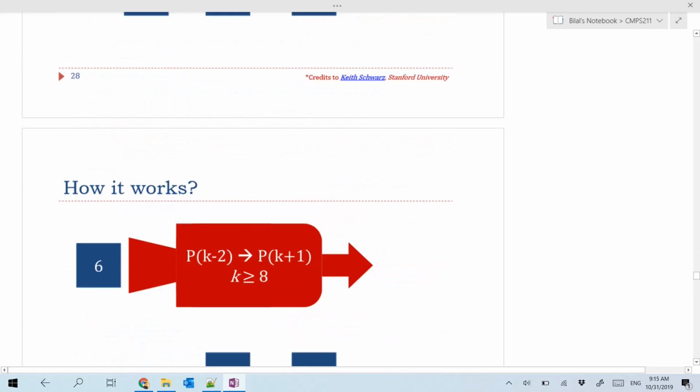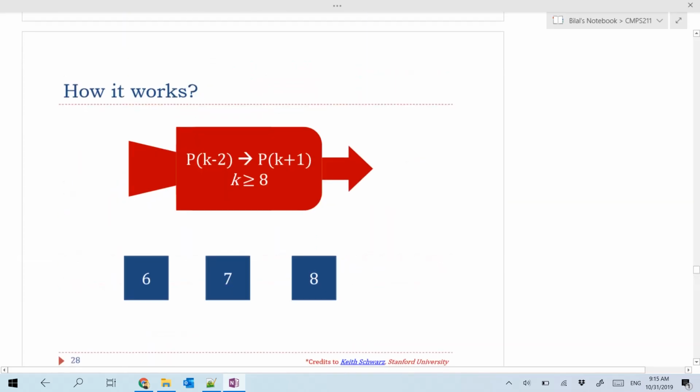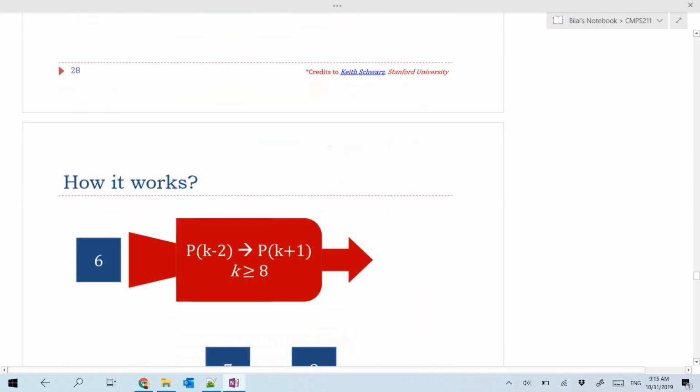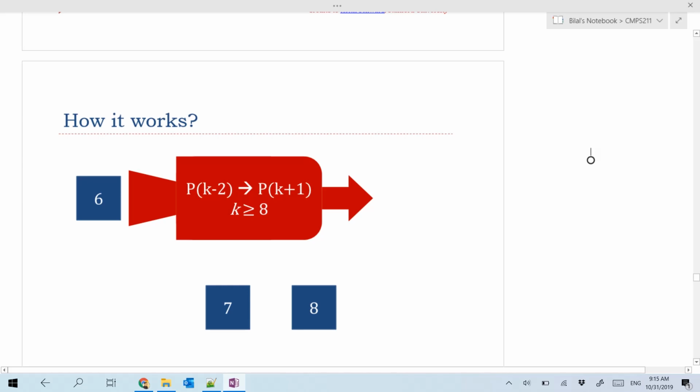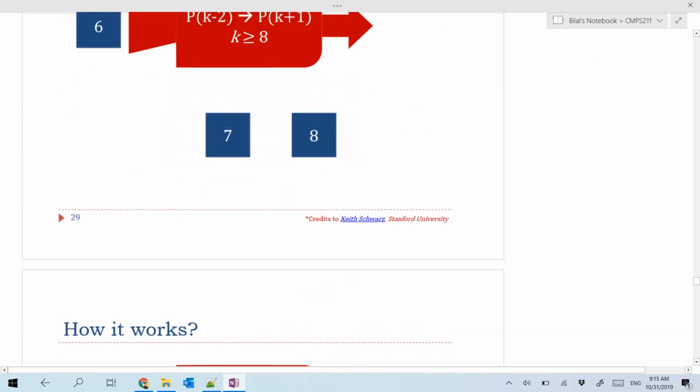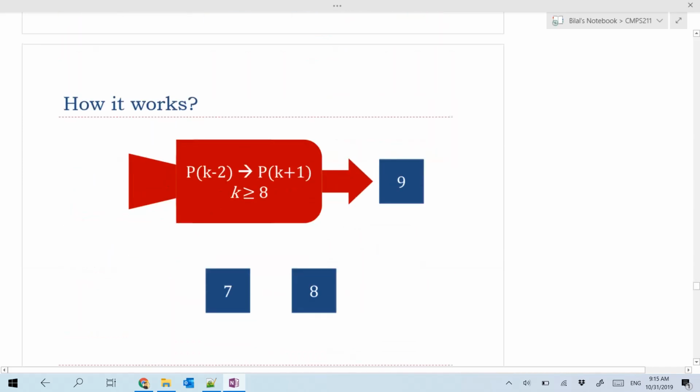So if you have these 3 base cases, 6, 7, or 8, if you consider the 6 squares division, given your assumption, you can get 9 squares. And then you can reuse it as a new rung on your ladder to climb to 12 squares.